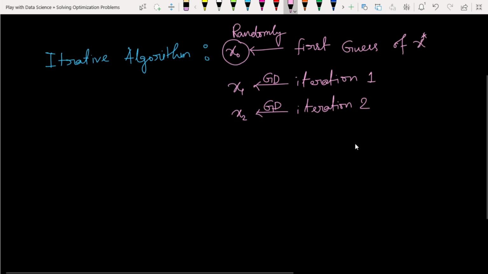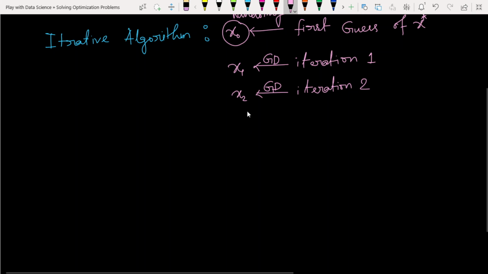We continue this process until we fulfill our requirement, and after k iterations we find the value xk.